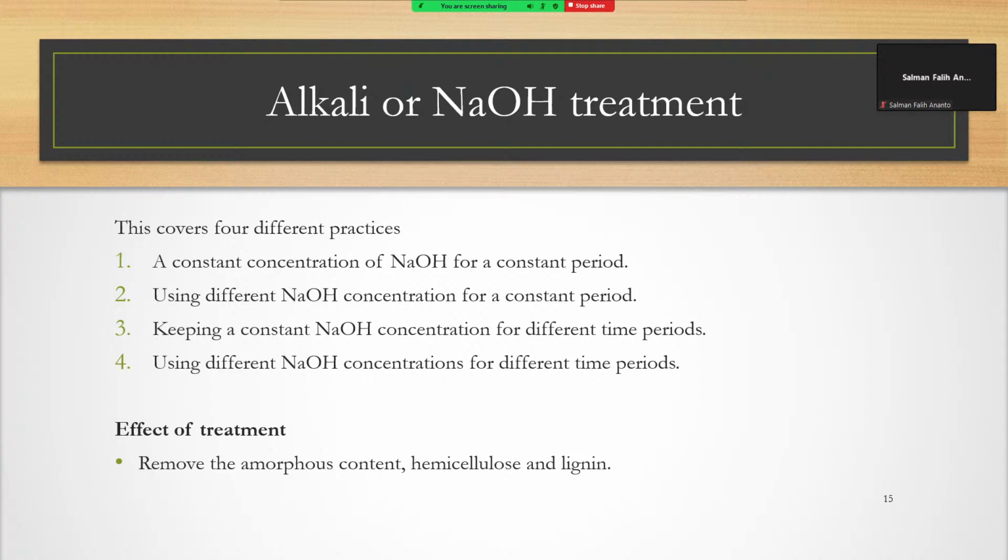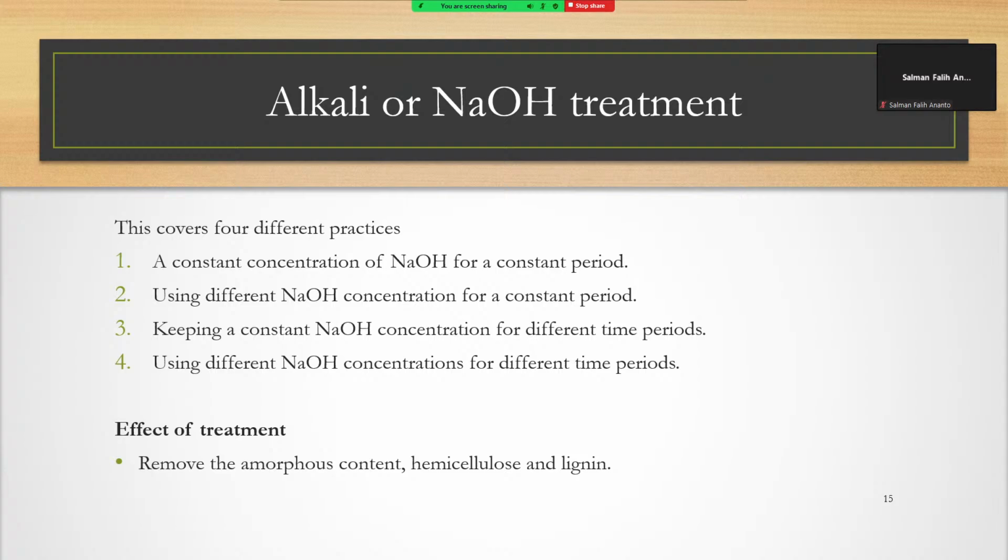The next is acetic acid treatment. In this treatment, an acetic acid solution, like a 5, 10 or 15 volume fraction, is used to treat the fibers for 2 hours at ambient temperature, around 23 to 25 degrees Celsius, to remove hemicellulose and other waste materials from the surface of the fibers.